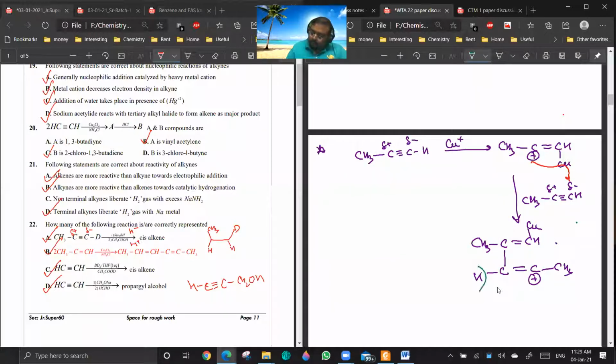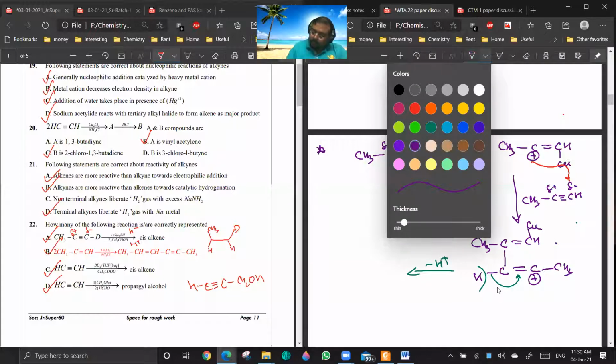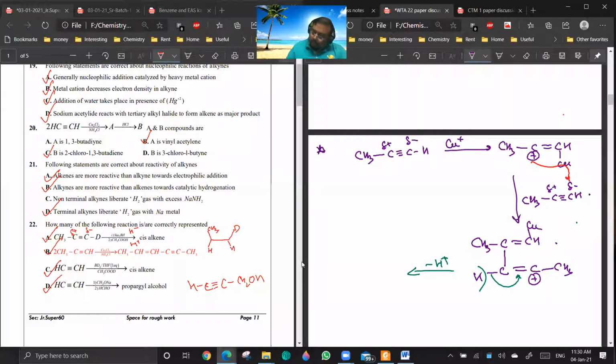Now, what will happen is that this will leave, and just like the acetylene case, this triple bond will be restored. You'll be getting CH3 C, let me write it like this: CH Cu double bond C CH3 single bond C triple bond C CH3.